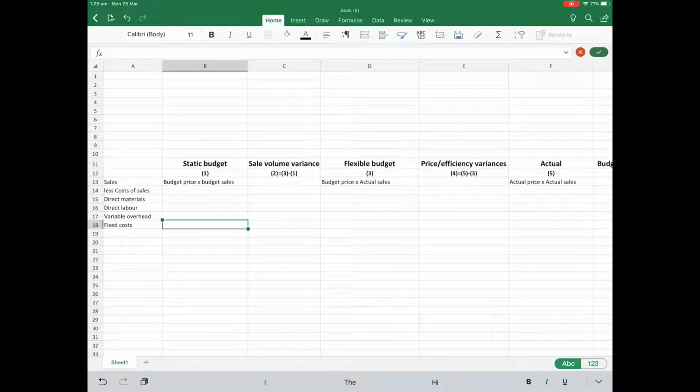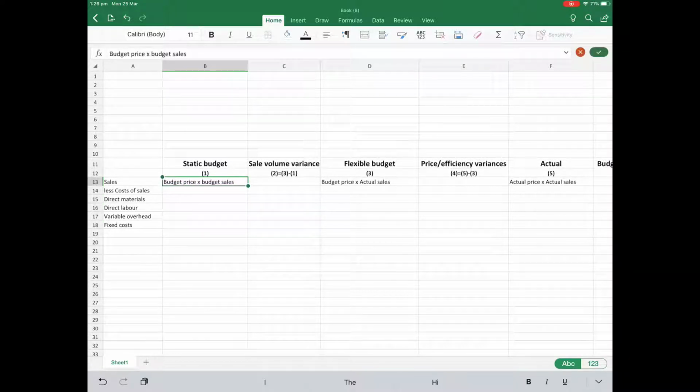Now if you look at the profit and loss statement of any company, and then you compare between their budget and the actual, you'll see the difference. And then they want to see why there's a difference between the budgeted profit and the actual profit, and that is the reason why they investigate into the variances. All right, and to make sure that they figure out what's gone wrong and what's gone right, so that they can improve.